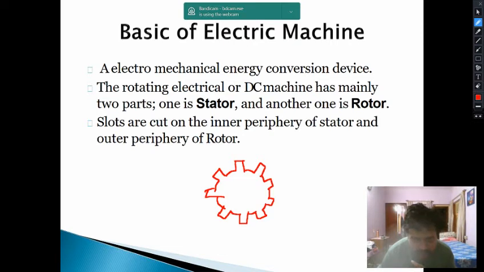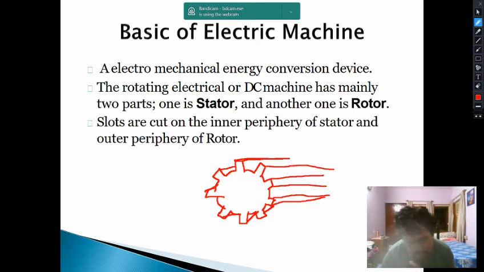So basically I am showing you the cross section. Actually it is in the form of a cylinder like this. So it will look something like this. And here you place the conductors.